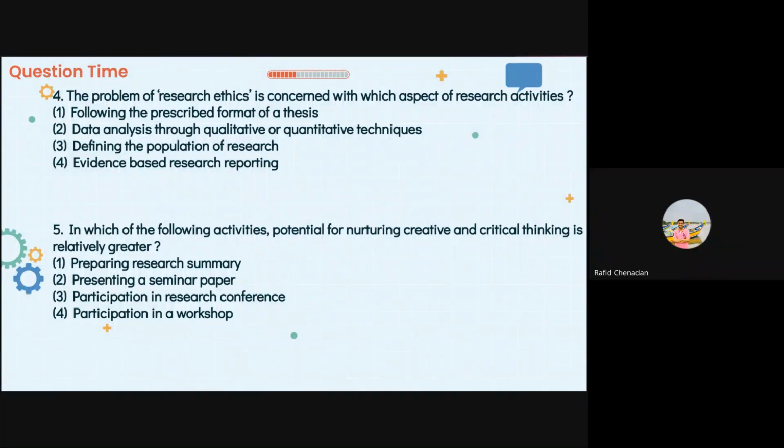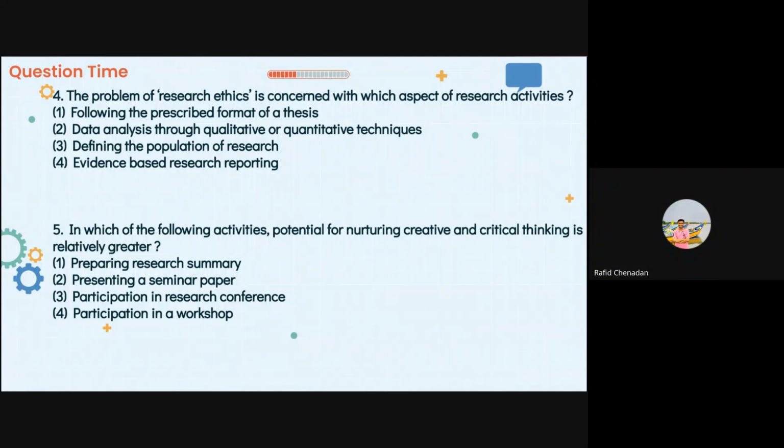Presenting a seminar paper is good. You get a lot of feedback in the paper presentation. That's also good. But you're only presenting about your topic. Let's say you're trying to present a paper on the effectiveness of the COVID vaccine.